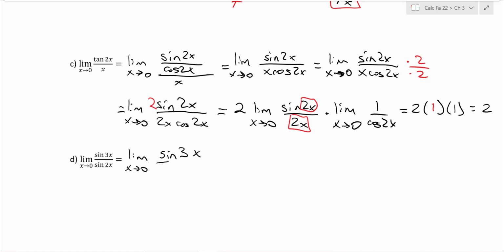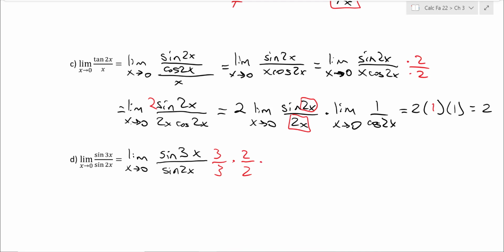We also need a 2x in the numerator to match the 2x in the argument for that sine in the denominator. So what we need to multiply by is a 3 over 3, right, for that 3 in the argument of the numerator, 2 over 2 for the 2 in the argument of the denominator.